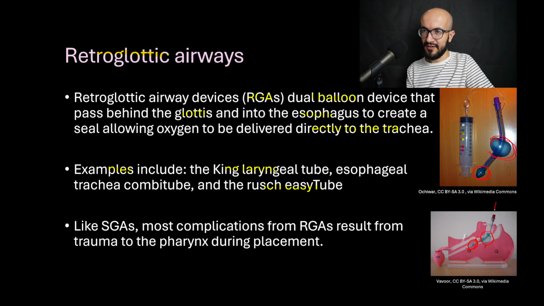So when you give the air through the King laryngeal tube here, it would pass directly into the trachea. And like the SGAs, most complications of the RGAs result from trauma to the pharynx during placement.